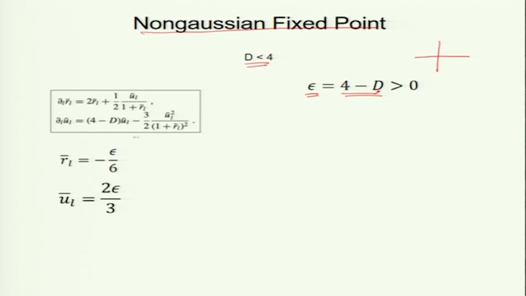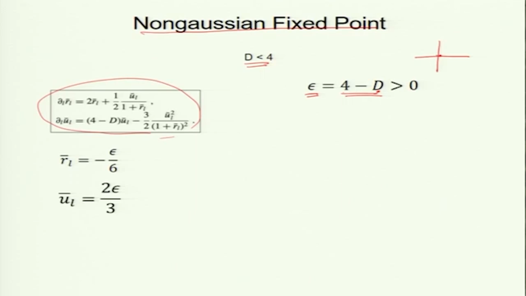The linear equation around the origin will give exactly the same fixed point 0, 0. The 0 is the fixed point, and what are the eigenvalues? The solution remains the same, 2 n epsilon, but epsilon has become positive. So the two eigenvalues are both positive, 2 n epsilon.